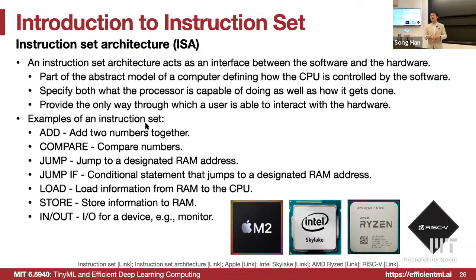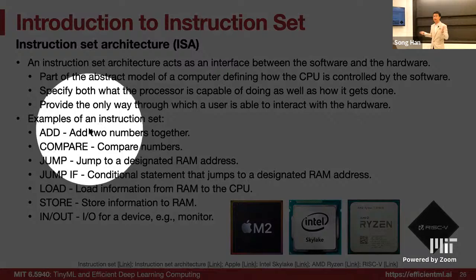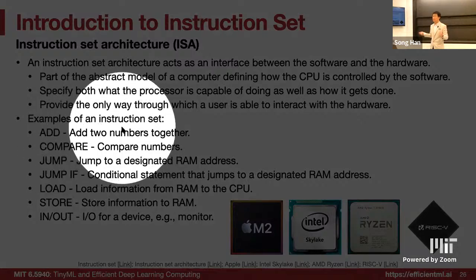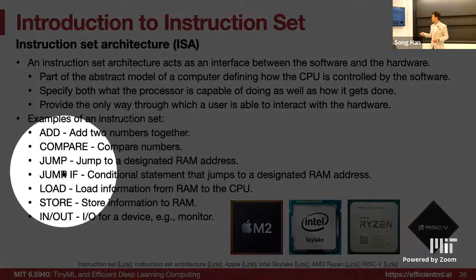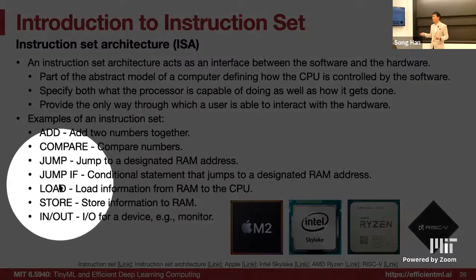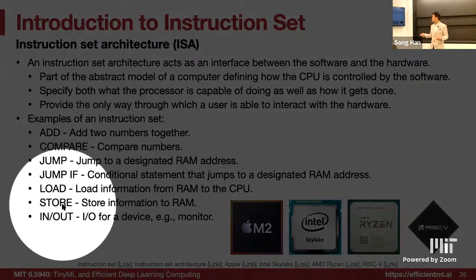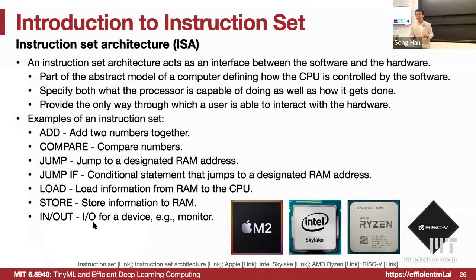It gives you an abstraction of the computer by defining how the CPU is controlled by the software. Here we have several examples of ISA instructions: add 2 numbers, compare which one is larger, jump to a particular address, conditional jump if some condition is met, load from memory, store to memory, and I/O instructions. So this is the handshaking point between the software and the hardware.